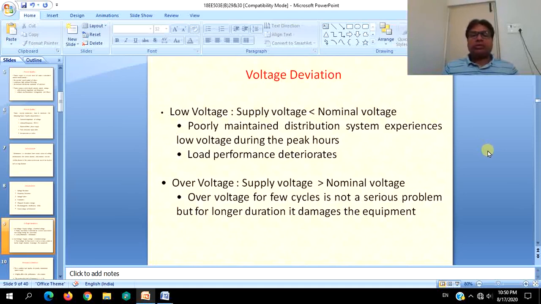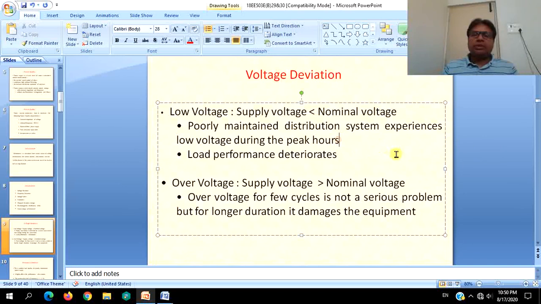So over the power supply system, during the peak hours loads will be maximum. So we have to do something to set the transformer secondaries to increase the secondary tappings, so that even though the load is maximum, the voltage will not fall below the nominal voltage.